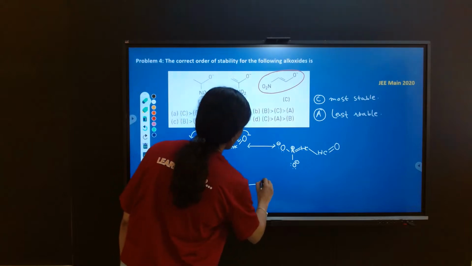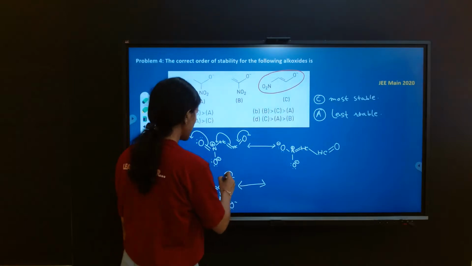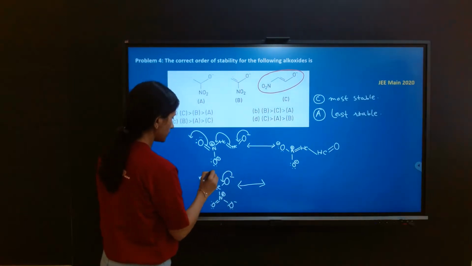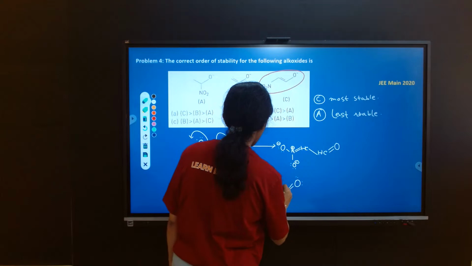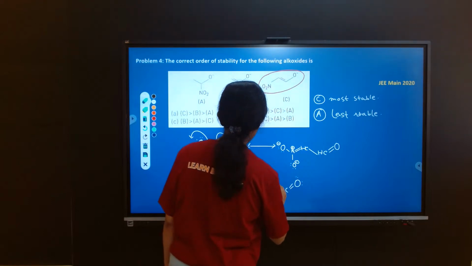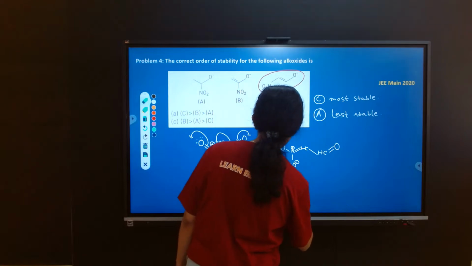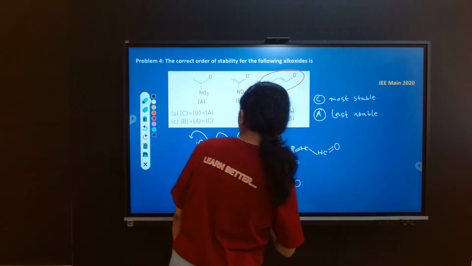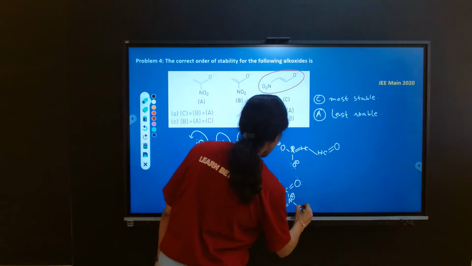Right. Also, two resonating structures can be possible here in the following manner. So we end up with O double bond C and CH2 minus, and the NO2 below will remain exactly the same as we had in resonating structure 1.